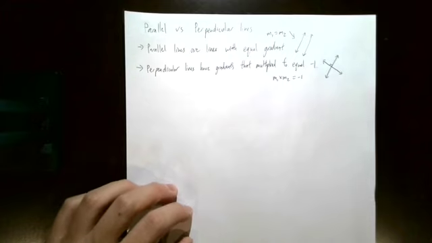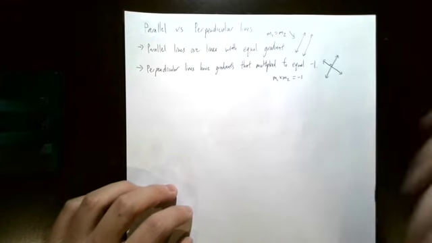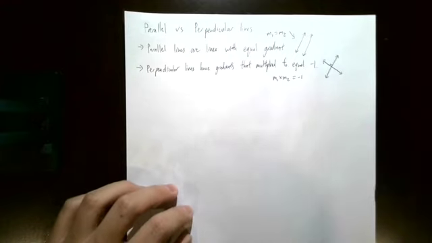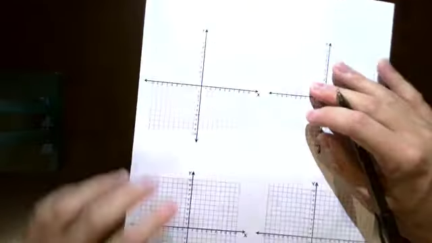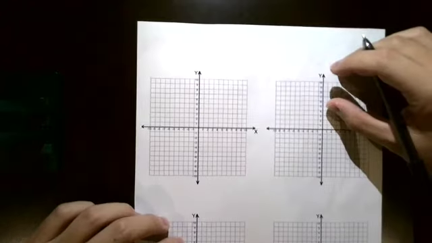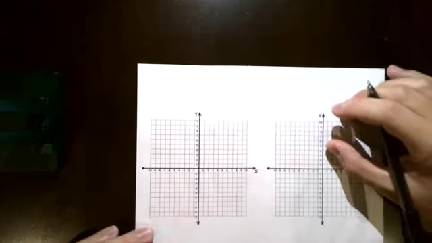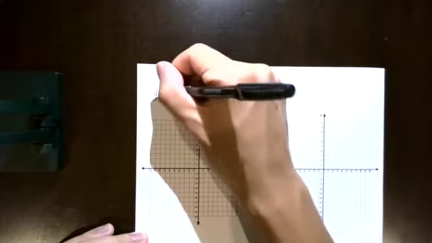Okay, so far we just looked at those two, but today we're going to look at two lines that aren't parallel or perpendicular. So what I've got on the other side here is some graphing paper, and we're going to draw the lines y equals 2x minus 8, alright?